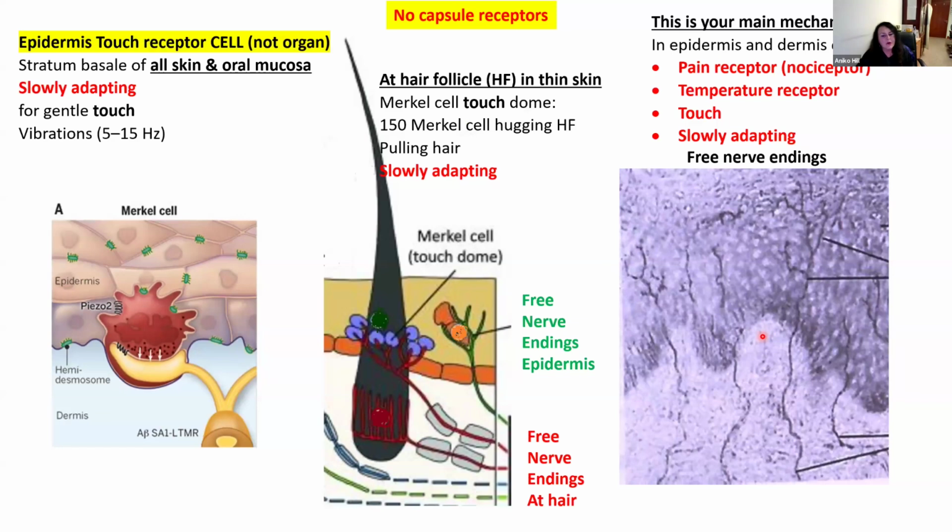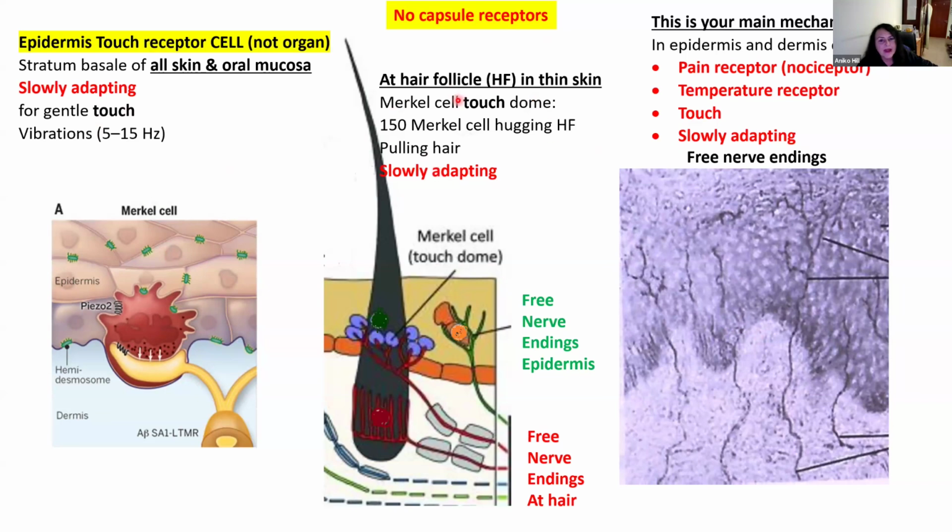Now I'm going to show you those receptors that are without capsule, so no capsule at all. And we're going to cover three guys. The Merkel cell that we touched on in lecture 1, but we're going to talk more about it.